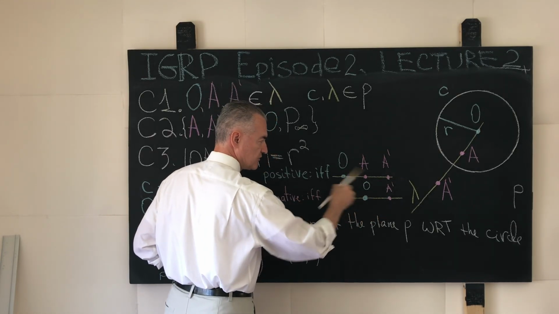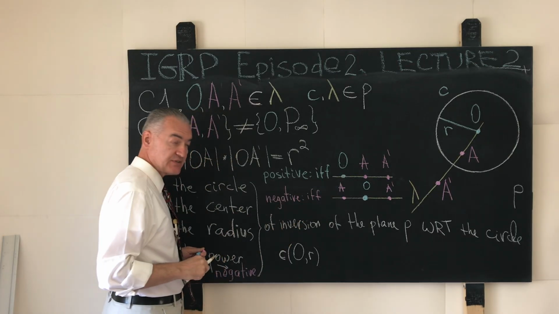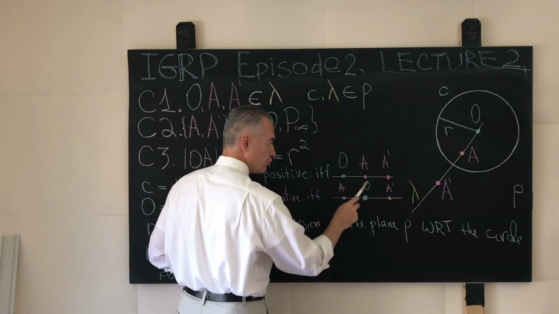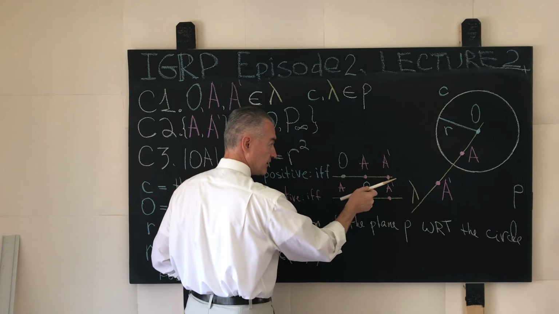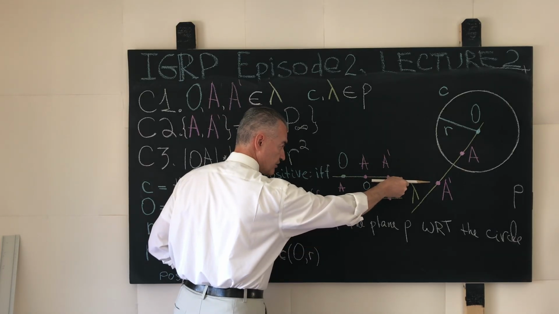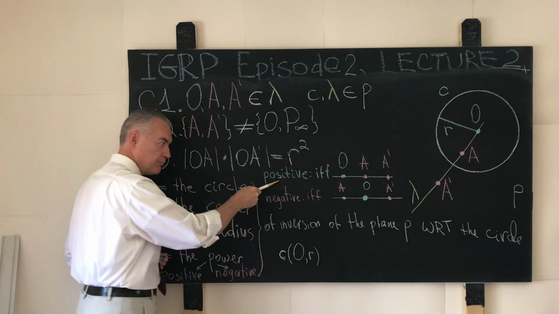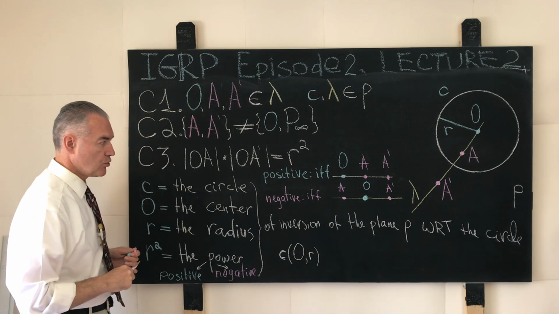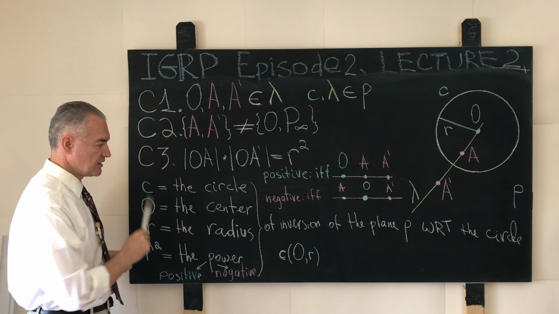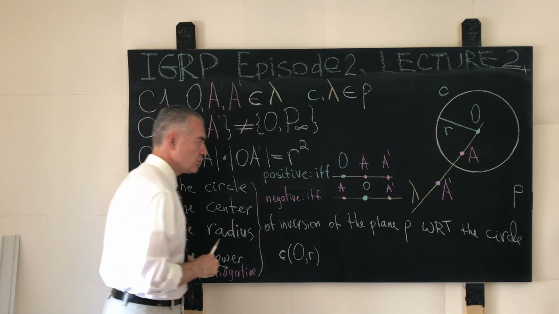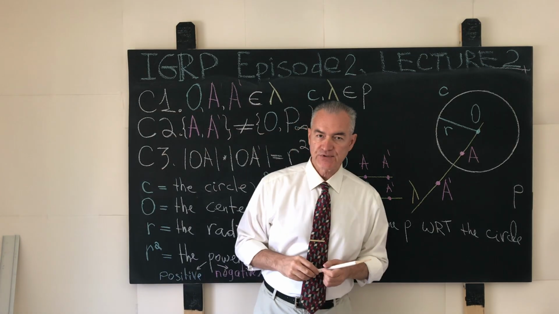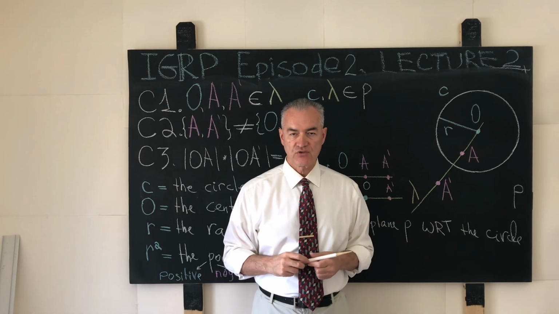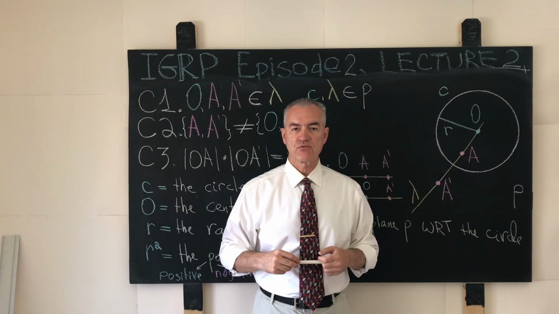And conversely, if in our travels it so happens that we discover that the points A and A prime are located on the same side of the center of inversion, then the power of that inversion was positive. Now, with these definitions of the book, we can look at what happens to the center of inversion under the inversion of the plane with respect to a circle.